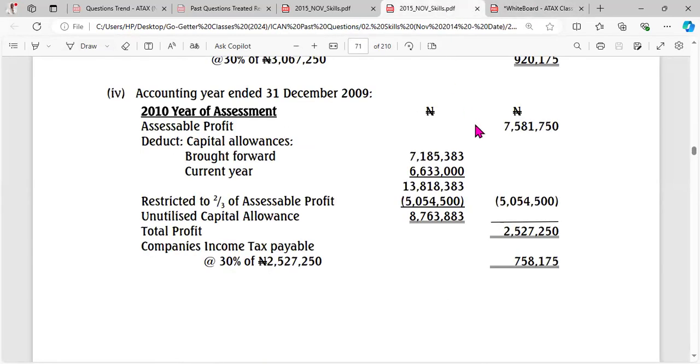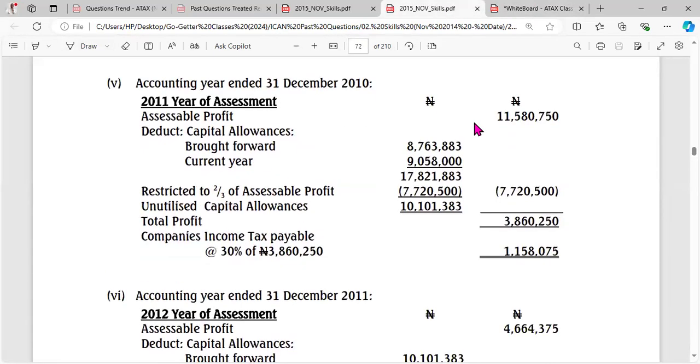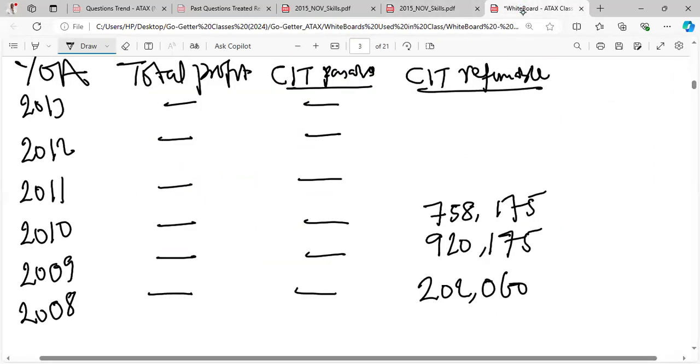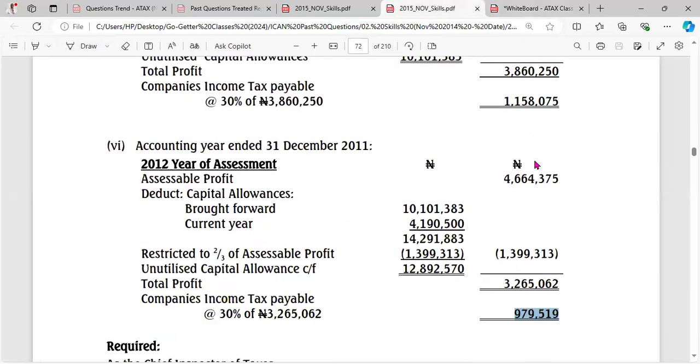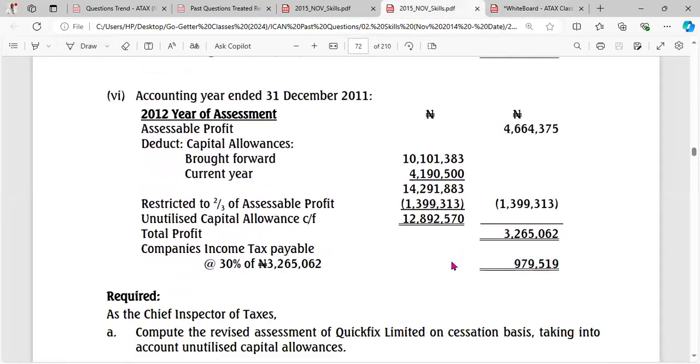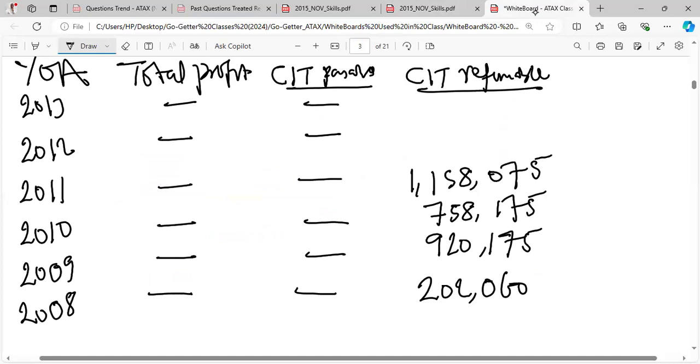For 2011, 1,158,075. For 2012, 979,519. And for 2013, of course, you didn't pay tax. There will be no tax refunded.